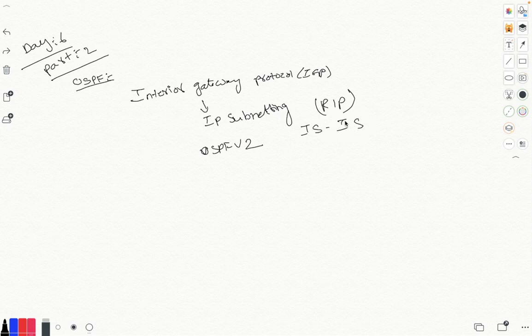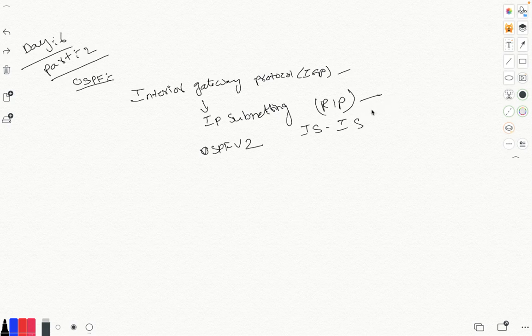OSPF routes can also be exported into interior gateway routing protocols such as the Routing Information Protocol and Intermediate System to Intermediate System. These are the inter-domain level capabilities of OSPF.